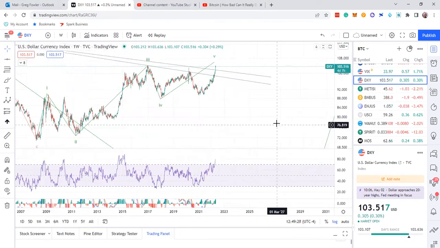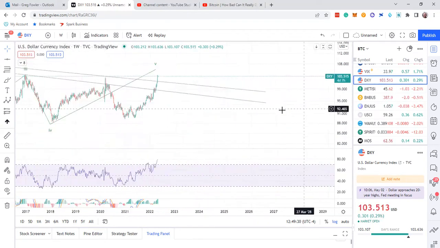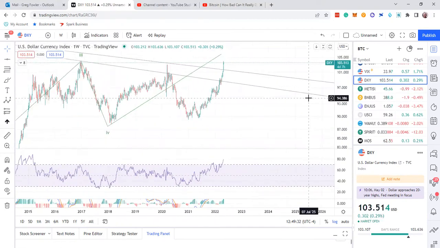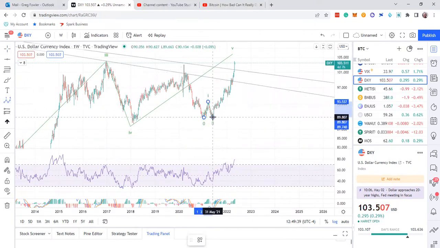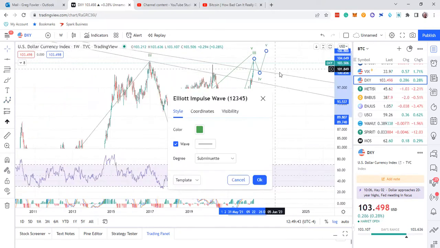Take that off. See where this DXY is going to go. So yeah, 1, 2. It's got more to go. It looks like 1, 2, 3, 4, and then 5.